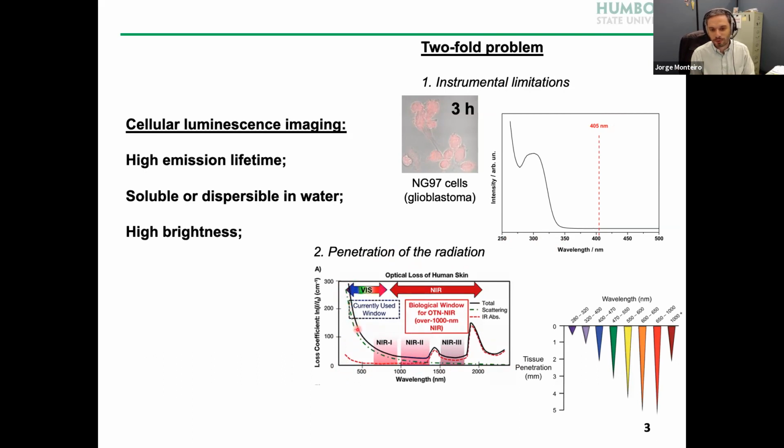As we move to the red and NIR, there is a huge decrease in the absorption by the tissues. Ideally, we would like to work in this area where the absorption is low. That means the radiation can penetrate more in the tissue. Those ranges where there is low absorption are called biological windows.